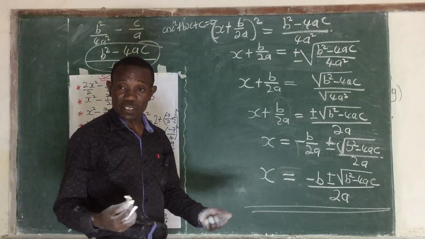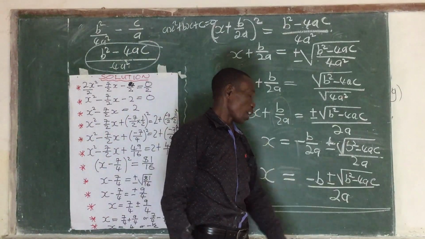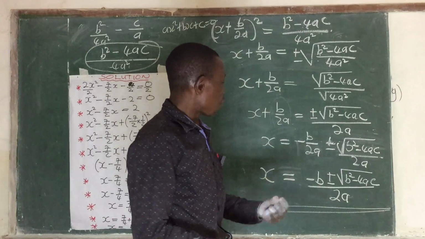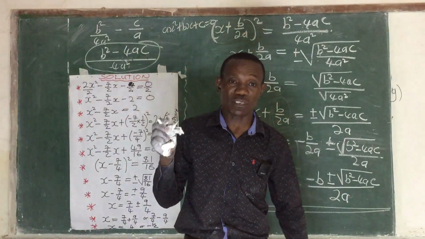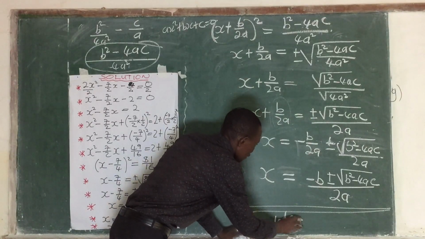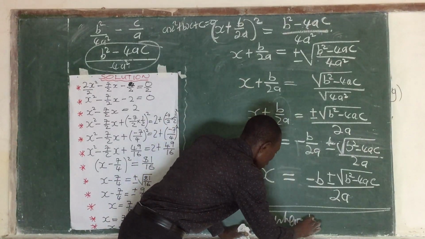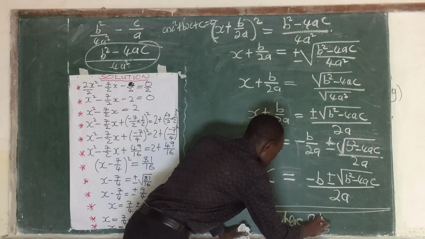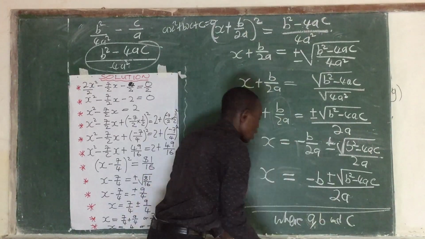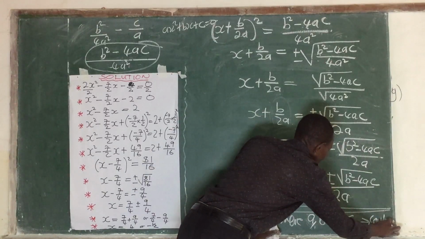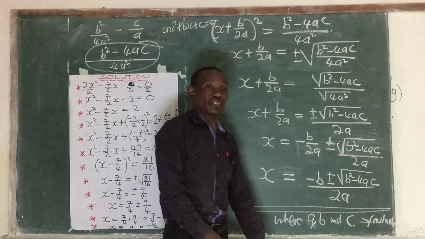Right. So please, students, take this one as the quadratic formula. It will always help you to solve quadratic equations, as you have also been doing with the other method. Please consider a, b and c as the constants, or call them numbers.